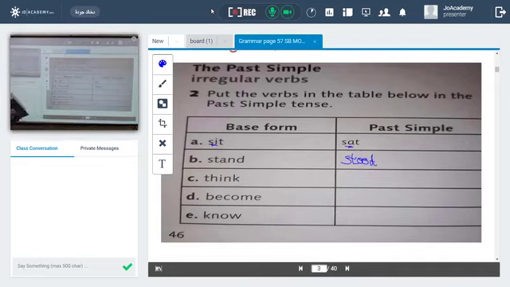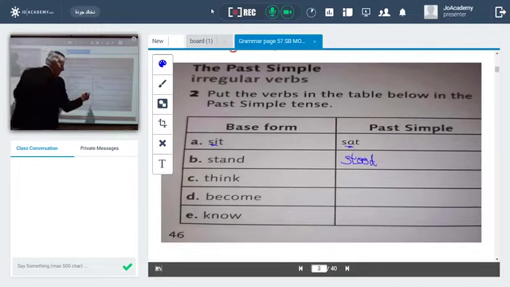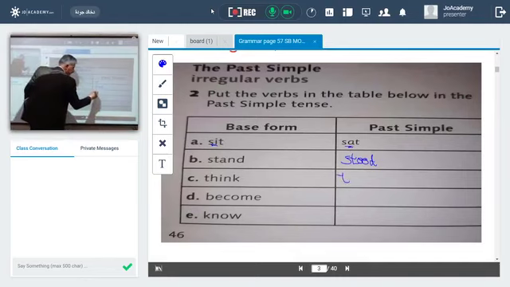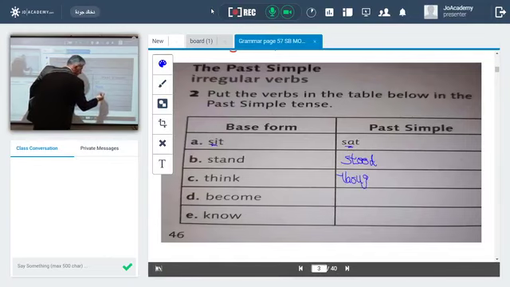And the verb think, you know the verb think, if I think of something, we change it into what? As I told you, we changed it into thought. So it's here. Think becomes thought. Okay.